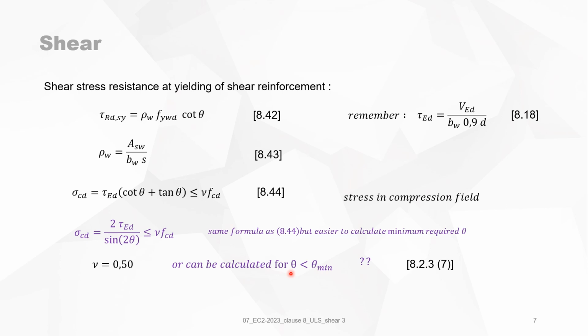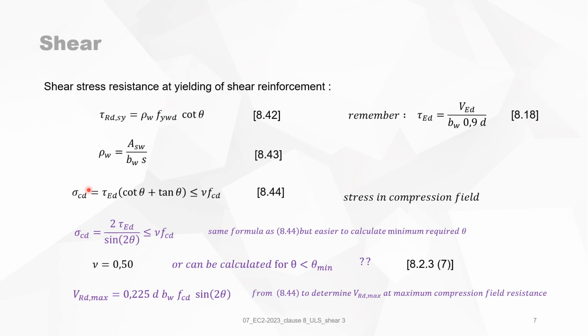Is it allowed? Is it not allowed? They say if theta is smaller than theta min, you should adapt the coefficient nu. So it means that you must restrict the compression field stress. So it's a little bit strange, yes. Everything is formulated in stresses, so that's very consistent. That's true, but in practice, it's more difficult to apply.